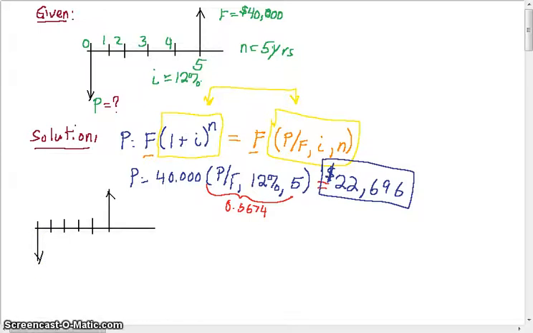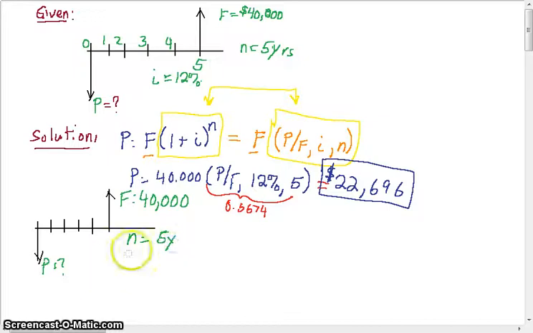And we have P we don't know again, and we don't know our F. We do know, I'm sorry, it is 40,000 again. We still want this 40,000. And N is equal to 5 years, but the problem is it's compounded monthly, right?